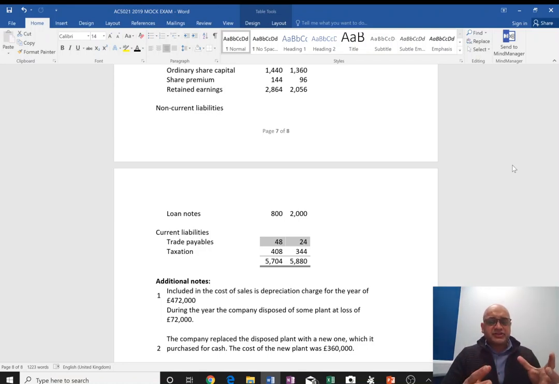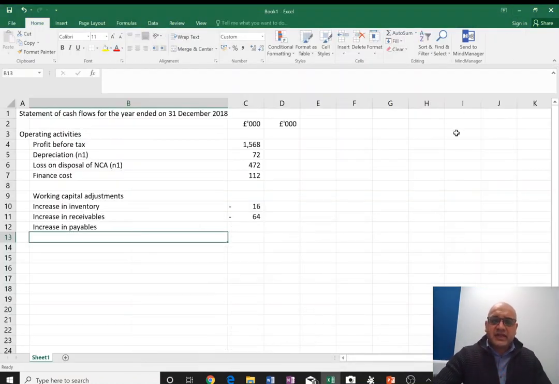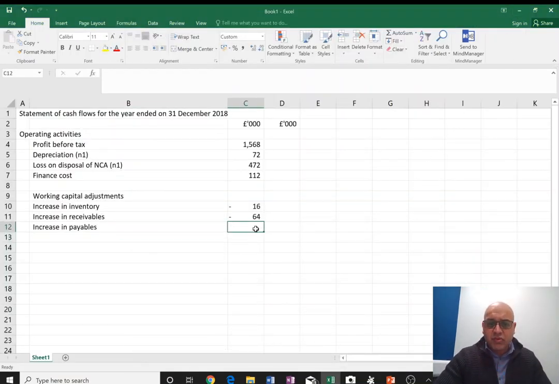It's a legitimate question. It may not be good for the relationship with the supplier, but not paying them means that you're retaining more cash. You will have to settle later in the future, but for this year you have retained £24,000 more compared to last year, which is actually good for the cash flow. So I'm going to introduce it as a positive item.